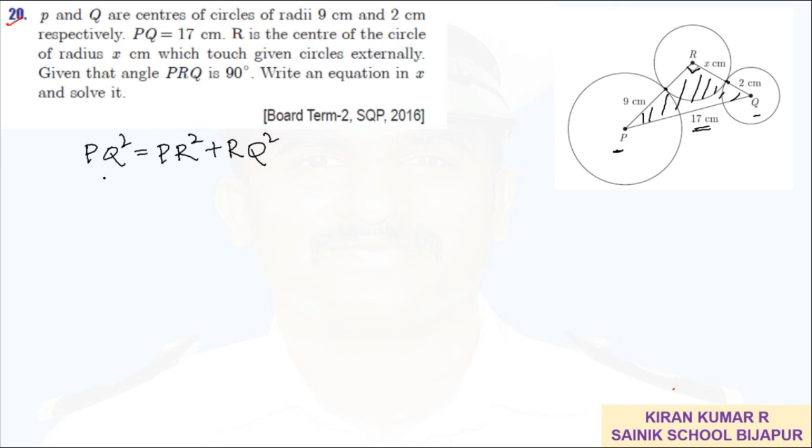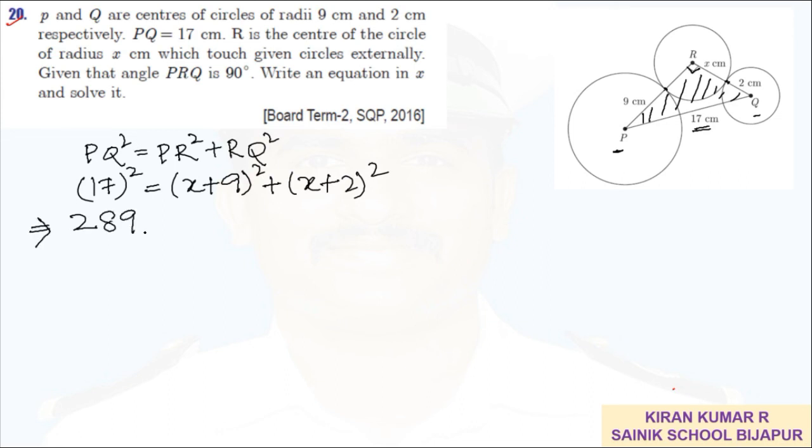The distance between P and Q is 17, so 17 whole square will be equal to PR square. What is the distance PR? It is x added to 9. So (x plus 9) whole square plus QR is again x added to 2. It is (x plus 2) whole square. Let's simplify this. 17 square is 289.